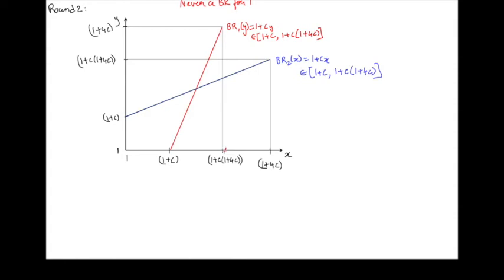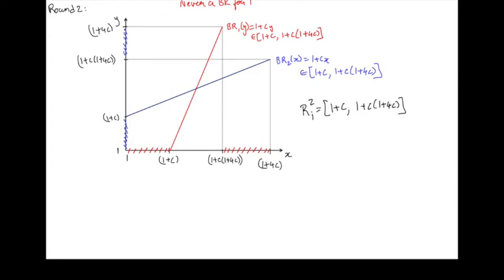So these strategies, again, just like before, are not a best response. Similarly, these strategies are not a best response. So the strategies that remain after a second round of elimination for player i are the strategies between 1 plus c and 1 plus c times 1 plus 4c.